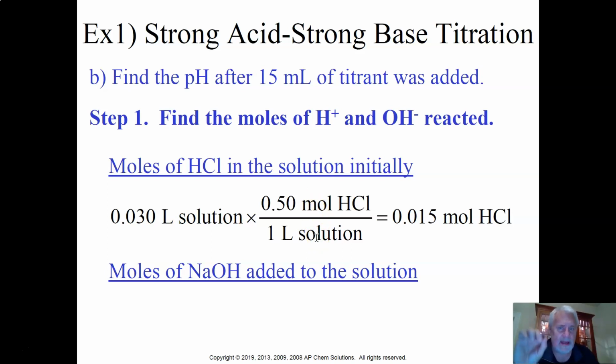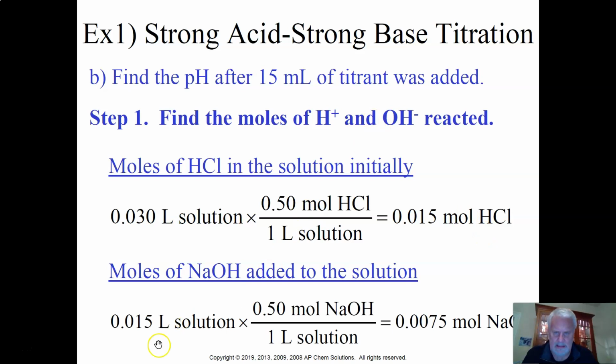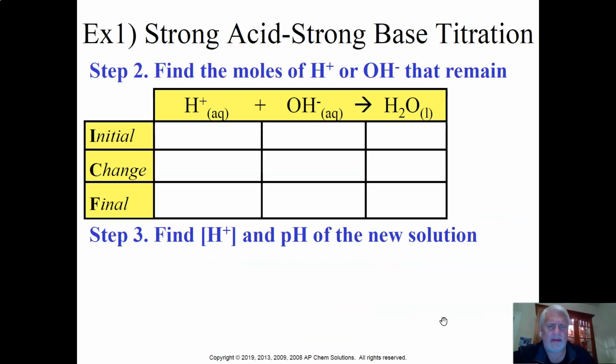So when you see that capital M, remember that can be used to convert liters to moles. All right, and that gives us 0.015 moles HCl. And then you do the same thing for NaOH, which was the same concentration, but you have a lower amount of it. So turns out we still got more HCl than we got NaOH by that factor.